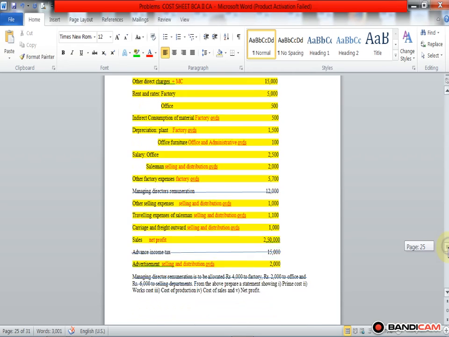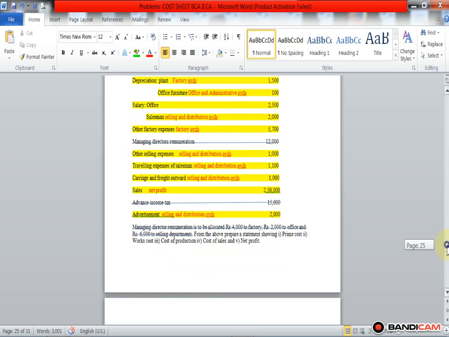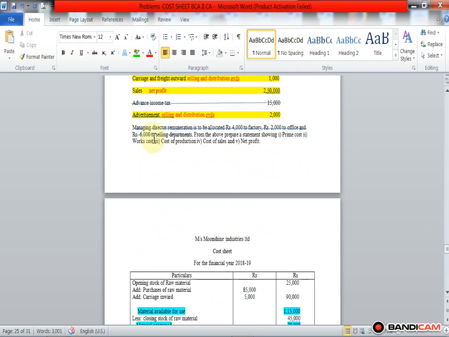Advance income tax item is related to financial accounting, so it should not be taken into consideration while preparing the cost sheet. Advertisement means promotion of product, added in selling and distribution overheads. Here additional information is provided to you, that is managing director remuneration.